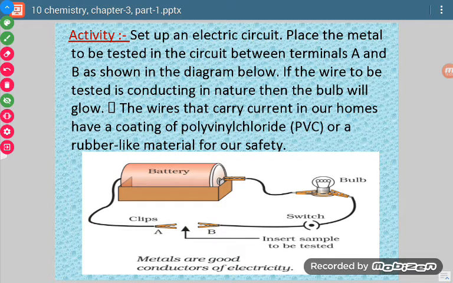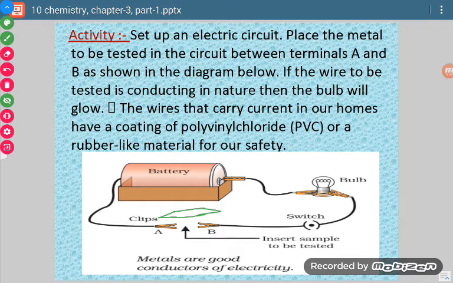Okay, so here you can see a lead pencil is used. What is used in the lead pencil? A substance called graphite is used. If you want to check whether graphite is a good conductor of electricity or not, we will sharpen our pencil from both sides, touch both the ends with A and B respectively, and then switch it on.